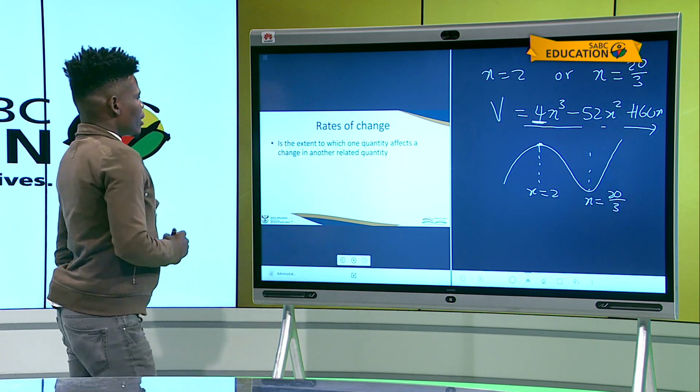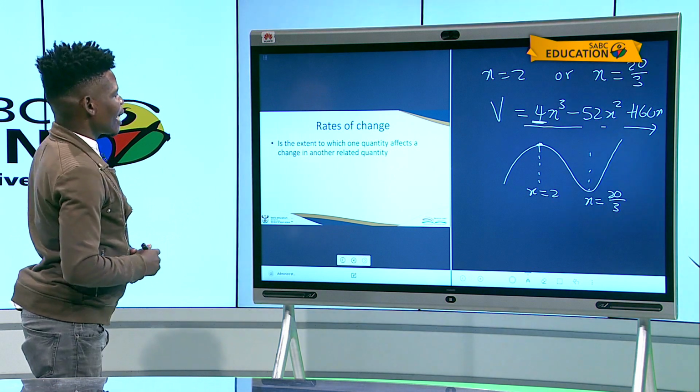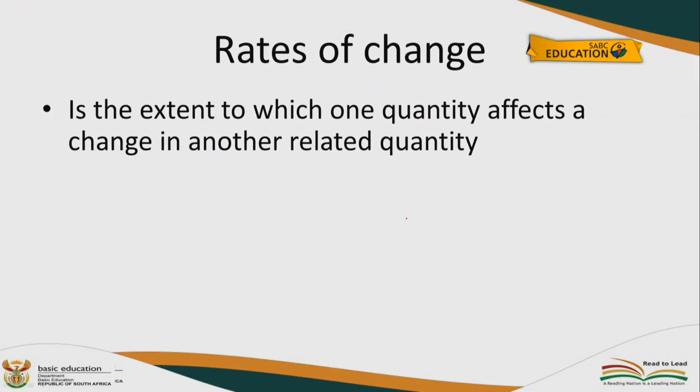Now, rate of change is the extent to which one quantity affects a change in another related quantity. So it means you change one quantity and you look at how the change in this quantity affects a change in the other quantity.